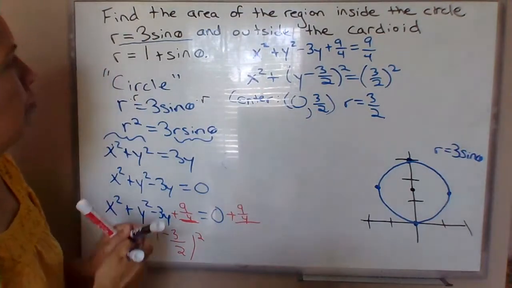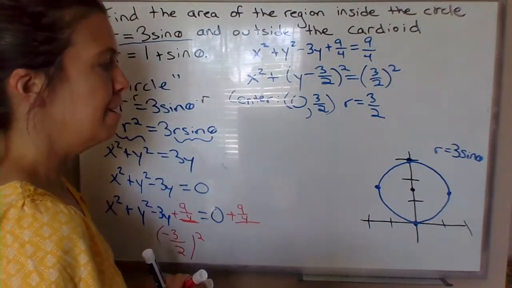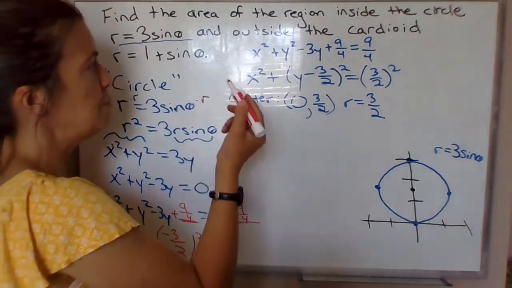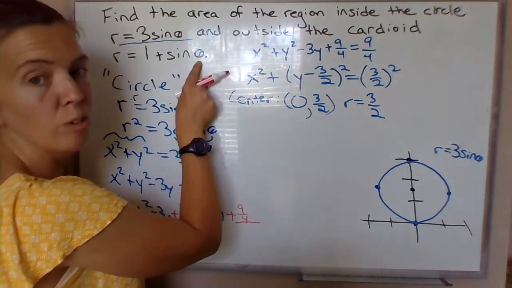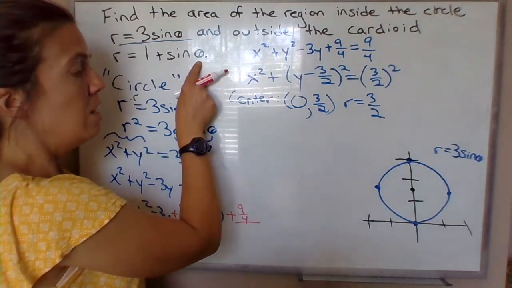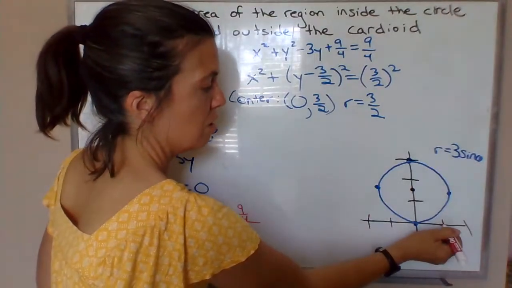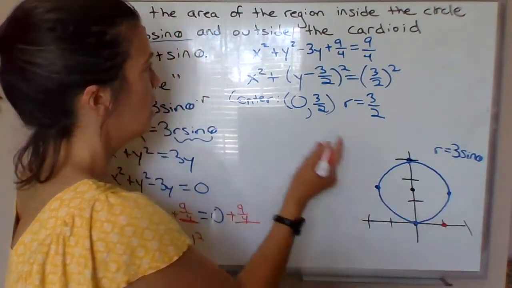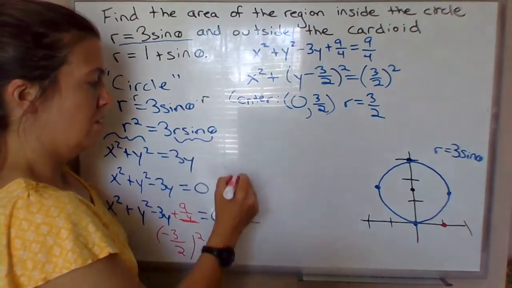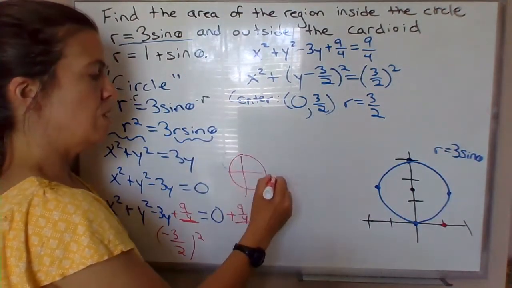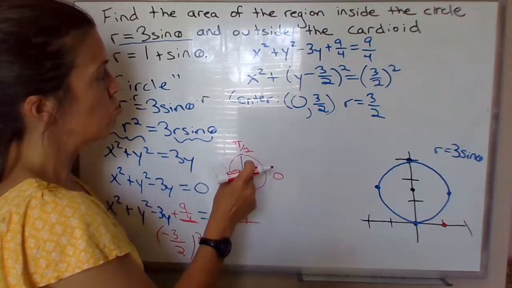Okay, great. With the cardioid, I'm going to mostly take their word for it on that graph. But if we think about plugging in values, starting with theta equals 0, sine of 0 is 0, and so we get r equals 1. So we're going to start here. As you increase theta from 0 to pi over 2, think of a unit circle, the value of sine increases towards 1.